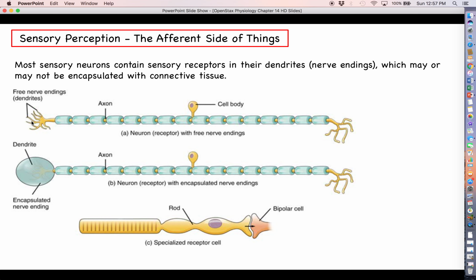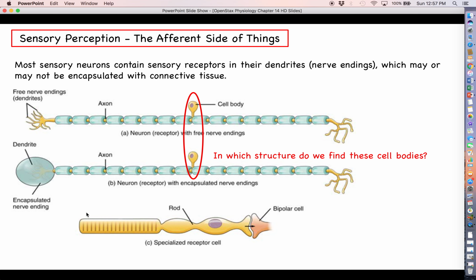But in either case, you'll notice that these sensory neurons are, as we typically understand them, pseudo-unipolar, meaning that these cell bodies, as you see here, provided that they project into the spinal cord, are going to be found in the dorsal root ganglion.